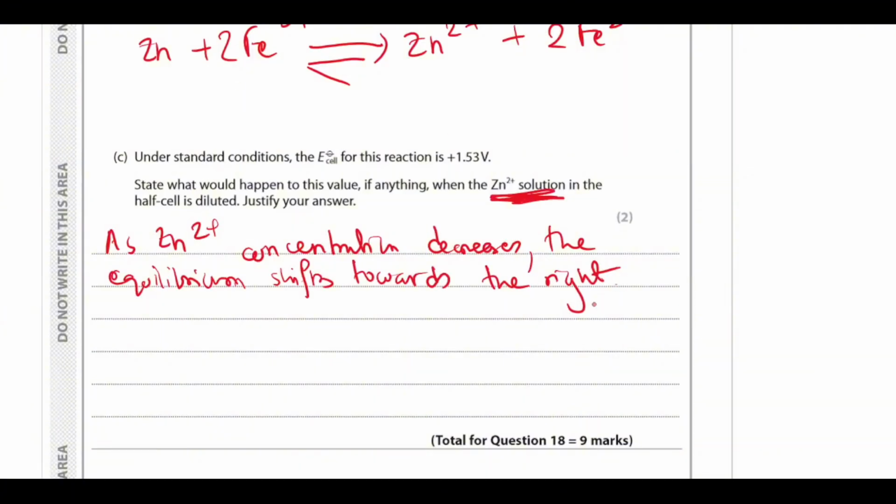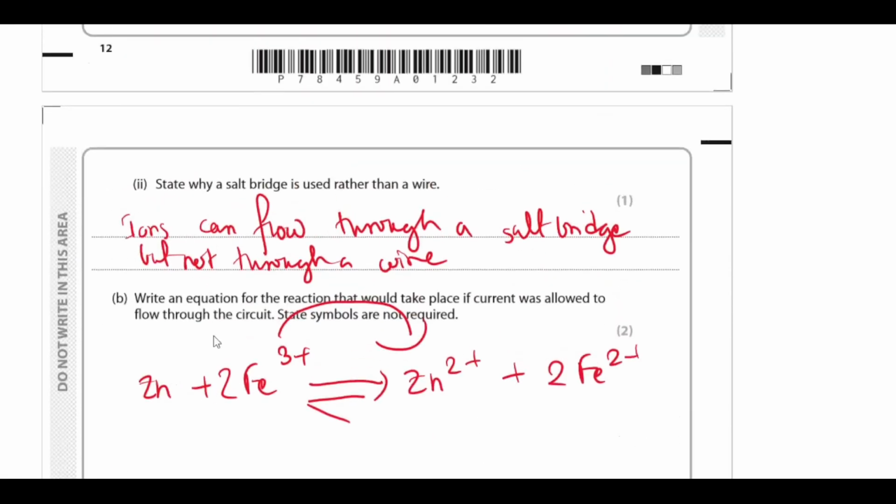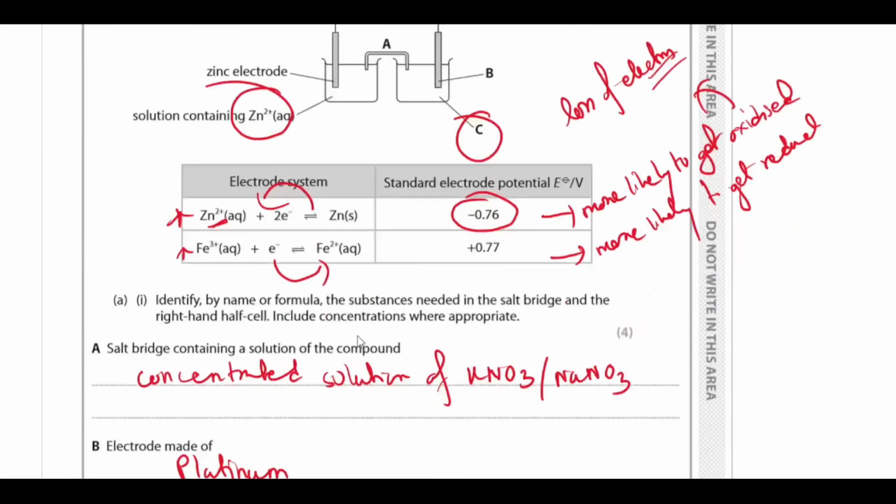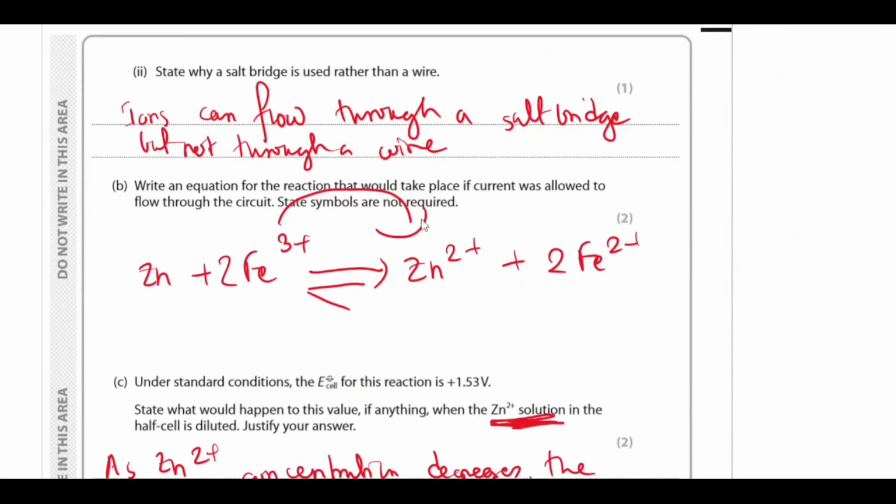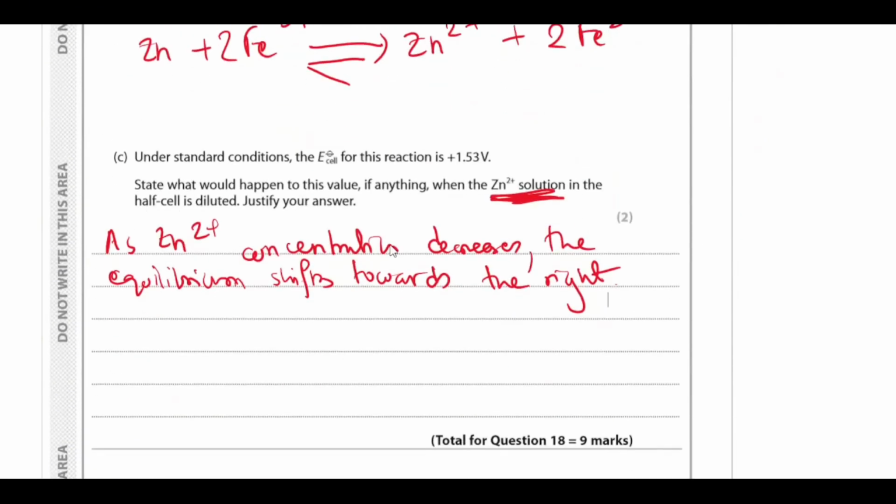So this will cause what? This is basically going to make the E cell more positive, considering what is happening down here, the zinc is basically getting more oxidized. So obviously the E cell's value is going to increase, or in other words it's going to become more positive.